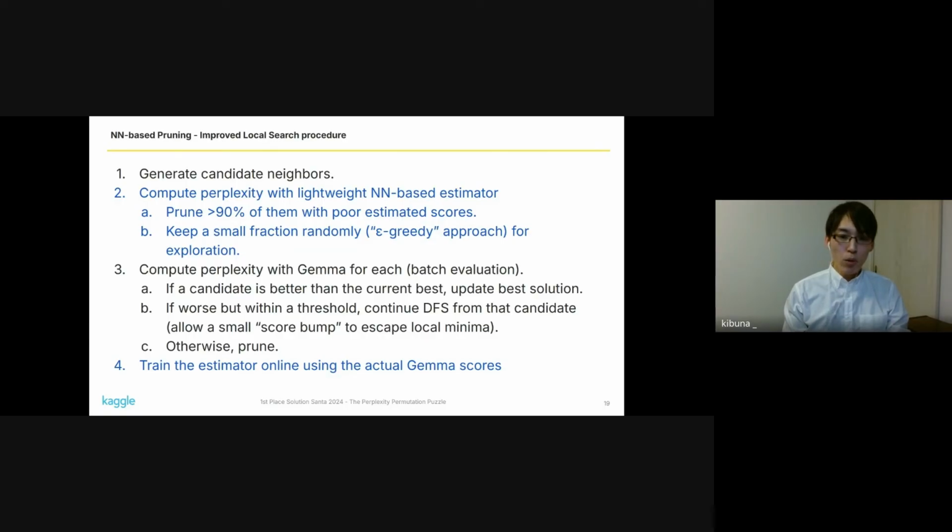It keeps a small number of random candidates to prevent biases in the training data. And this overall pruning method could significantly accelerate the search, allowing us to find the winning solution within 2 or 3 weeks or so of the competition start.